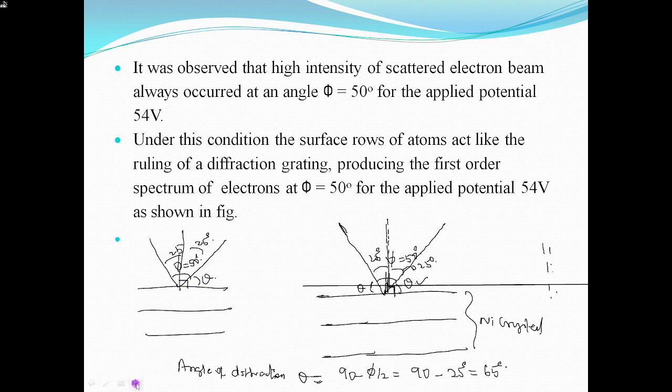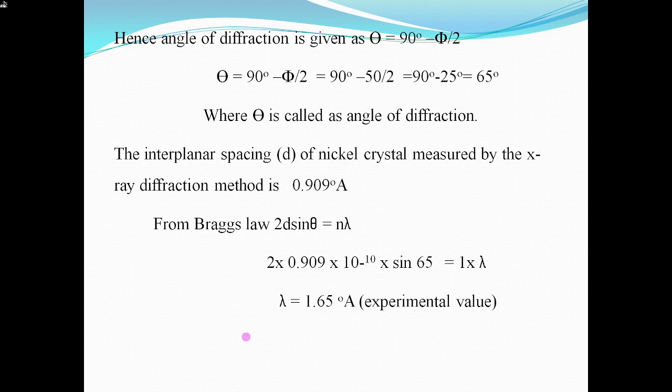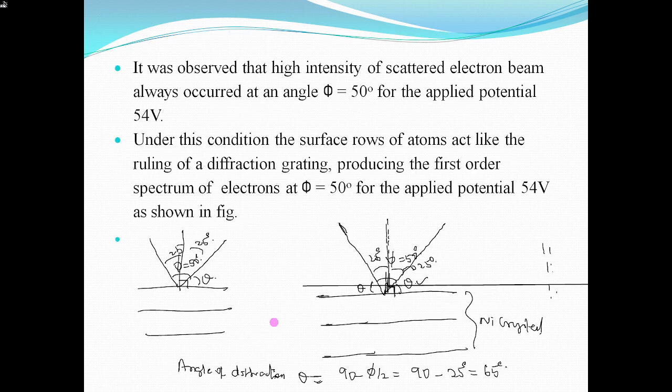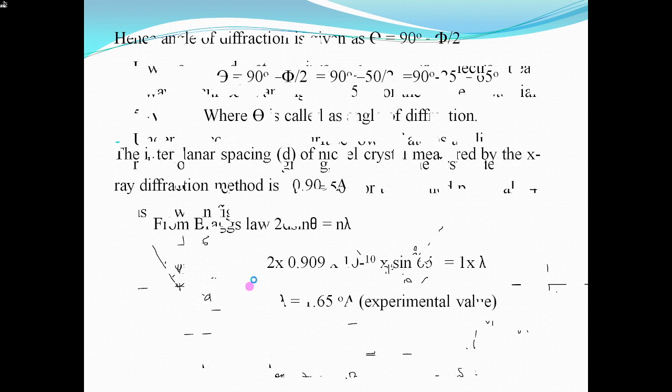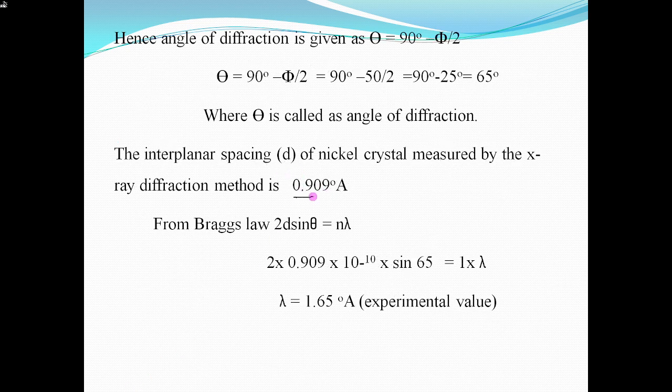So n is equal to 1, theta is equal to 65 degrees. The interplanar spacing d, the distance between two planes, of the nickel crystal is found from the X-ray diffraction method to be 0.909 angstroms.